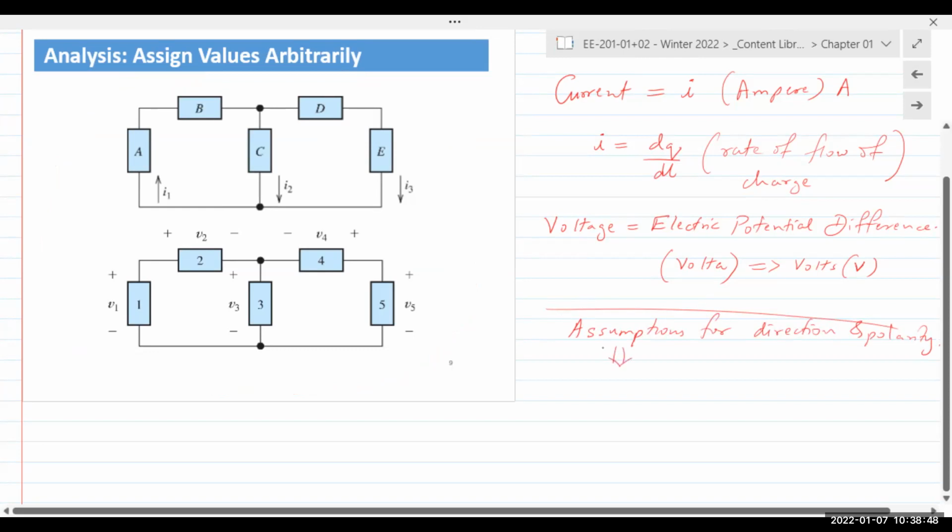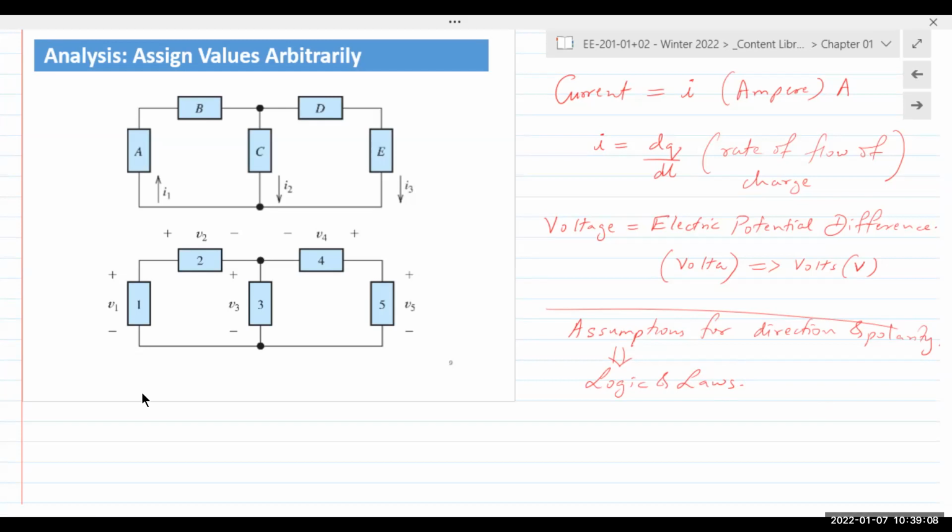Well, logic and laws, of course. Okay, so we make random assumptions about the circuit, but those assumptions are based on logic.